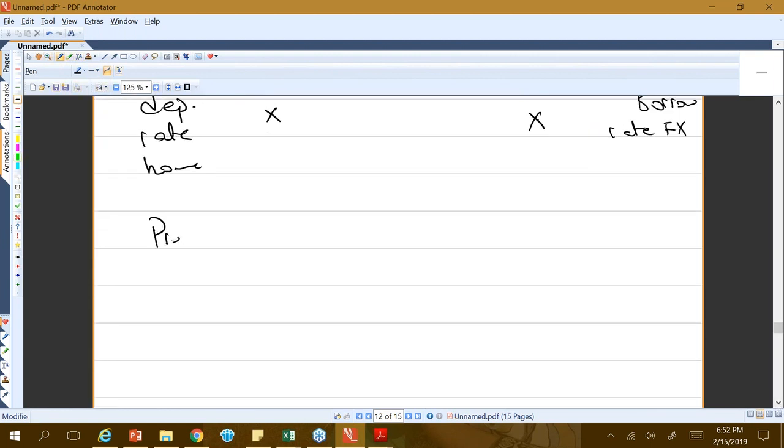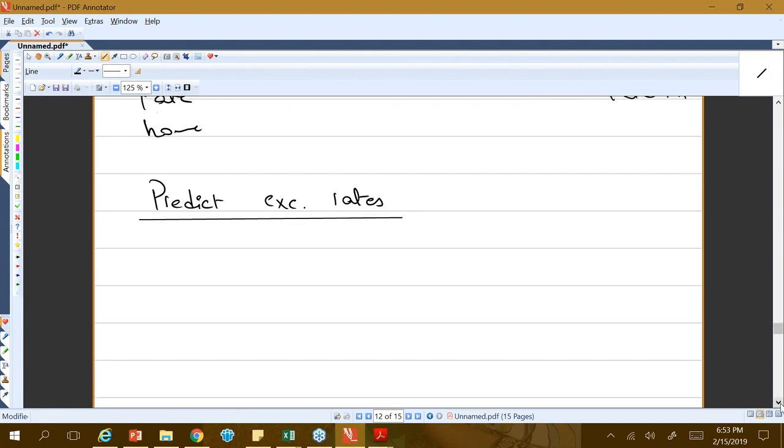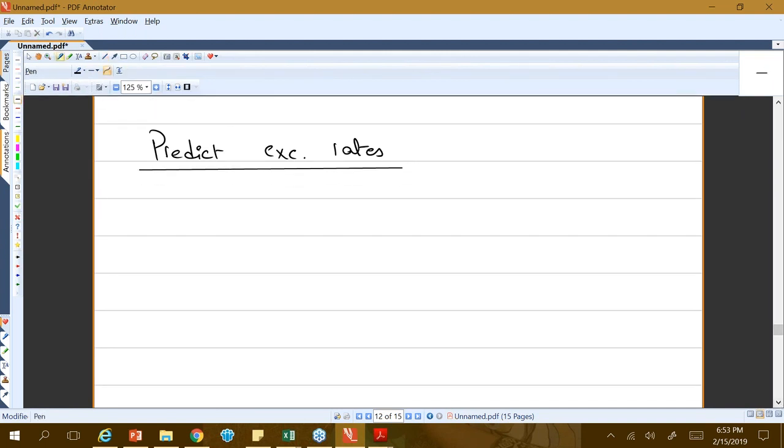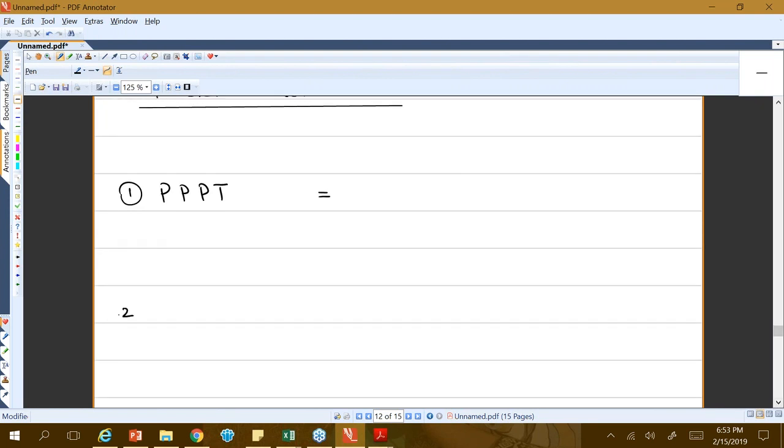We can predict exchange rates in our syllabus. The two models that we use to predict the exchange rate are purchasing power parity theory, which is built on inflation, and interest rate parity theory, which is built on interest rates.